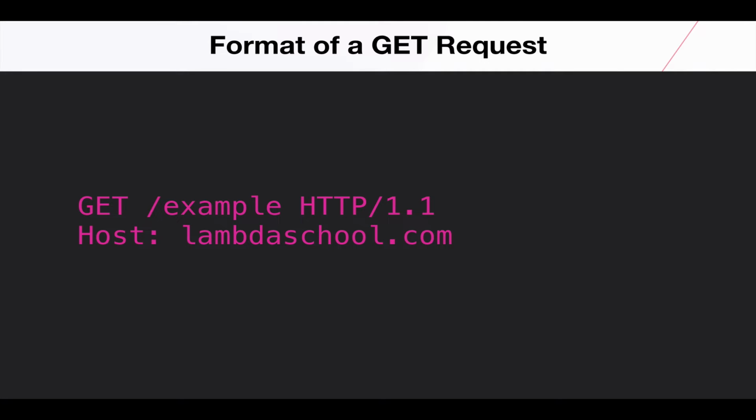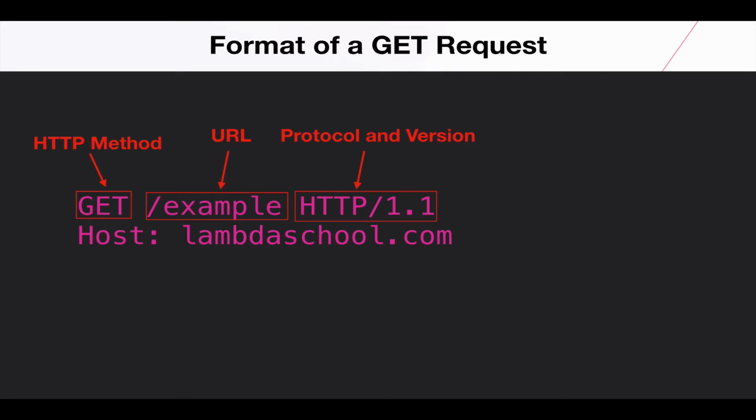So let's take a quick look at the format of a GET request that might be sent from a client to a server in order to request some sort of resource. First, we need to specify the HTTP method. Next is the URL, without the domain name. Then the protocol and version; here we'll always be assuming HTTP/1.1.